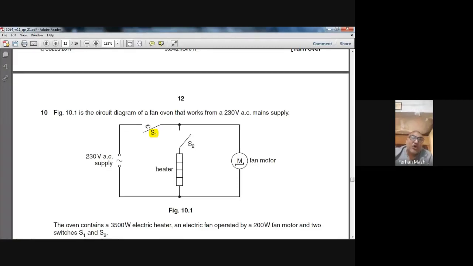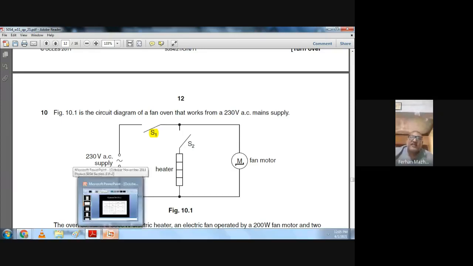If S1 is open, then the heater will automatically remain off, because the heater will also be disconnected from the live wire. So this is how the circuit makes sure that no current flows through the heater if the fan is off.